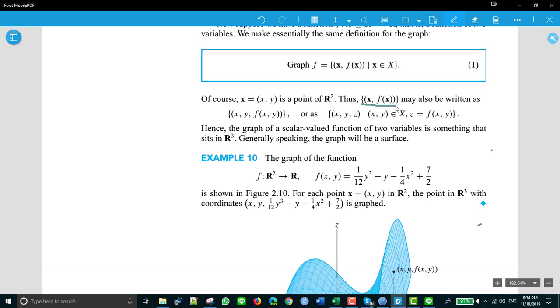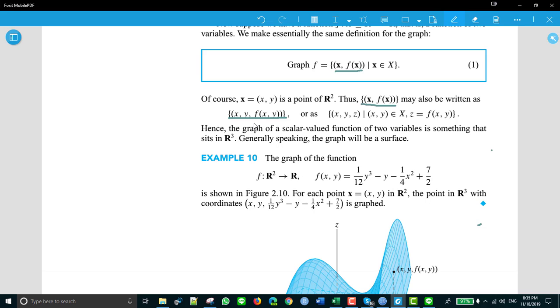Thus, this, which is here, may also be written like this, because x is x comma y, so we have x comma y there, comma f of x. So this is emphasizing that this graph from R2 to R is going to be in 3 space.